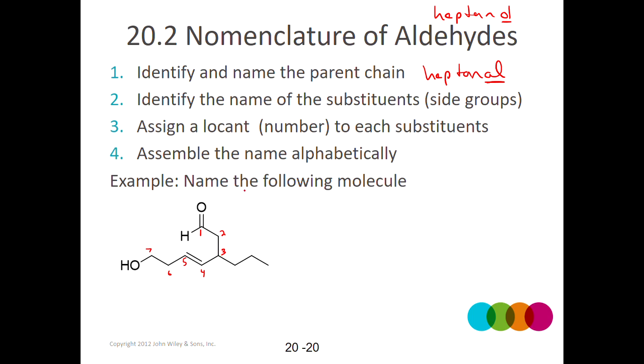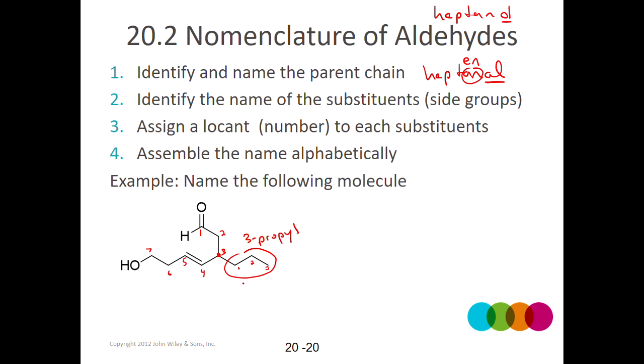So in my parent chain, though, there's also an alkene. So it really shouldn't be heptane-al. It should be heptene-al. Right? The alkene needs to be indicated with an EN, E instead of an AN. So I really have heptene-al. I've then got a propyl, a 3-carbon chain here, and that's on carbon 3 of the parent.